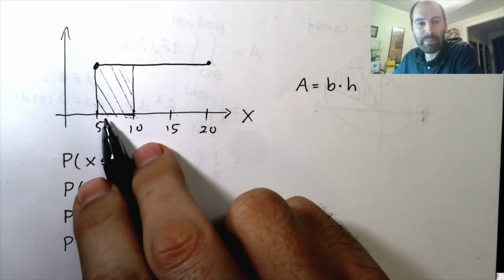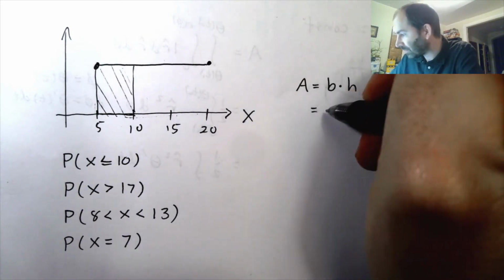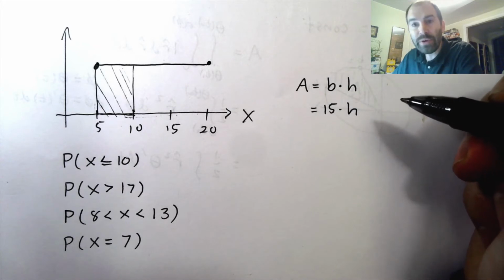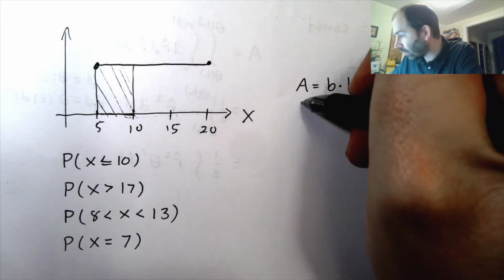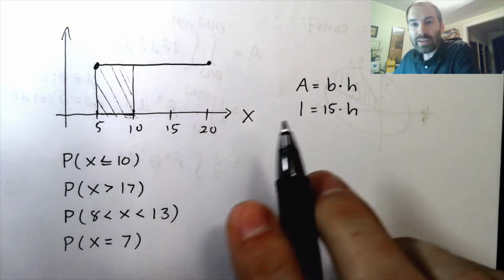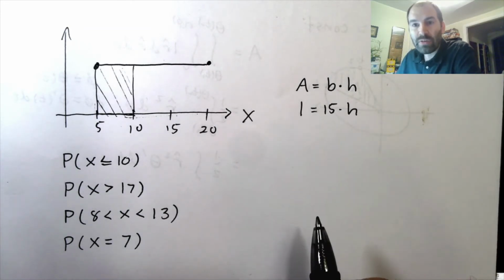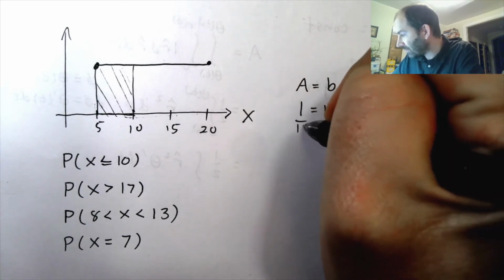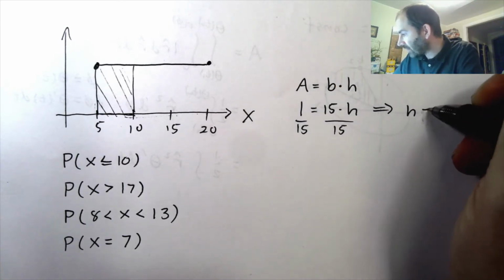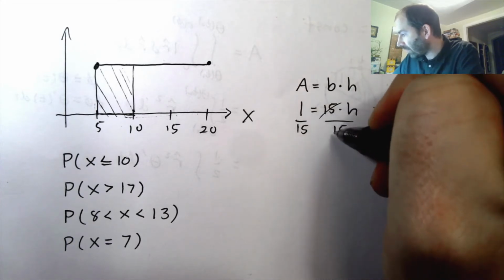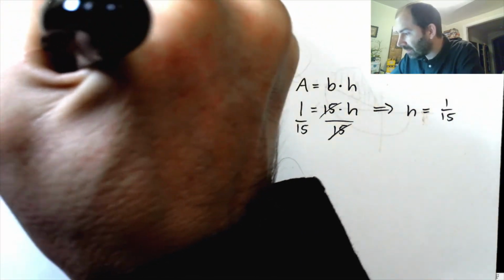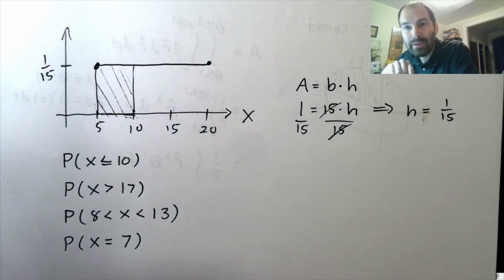The base is 15. The height we don't know, but the area we do: the total area has to be 1. So we have an equation involving h, and we can solve for h. If I divide both sides by 15, I see that h must equal 1/15. So now I know the height, even though they didn't give it to me.